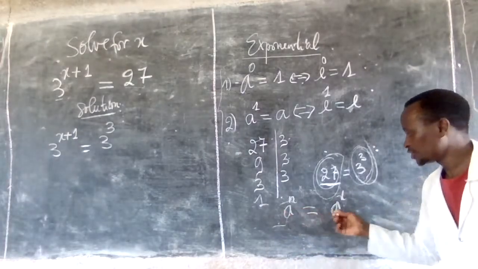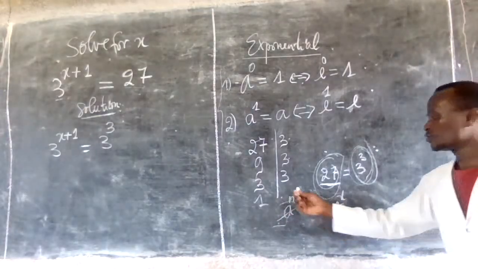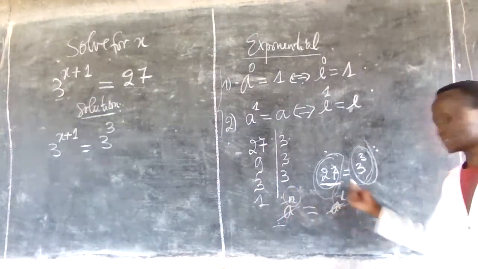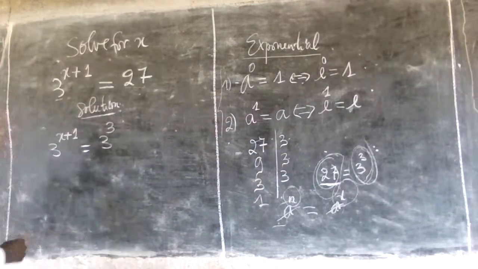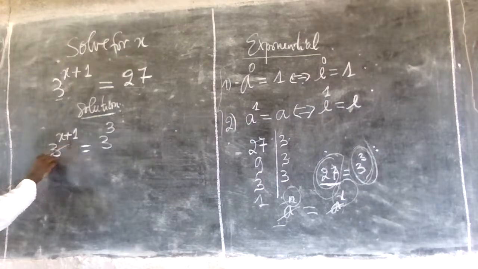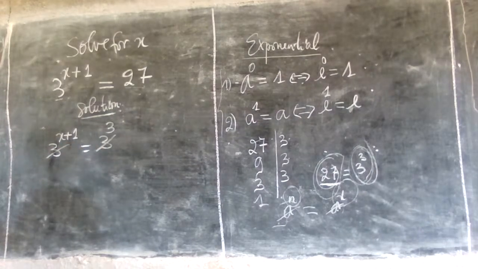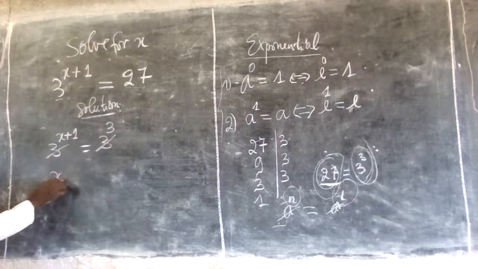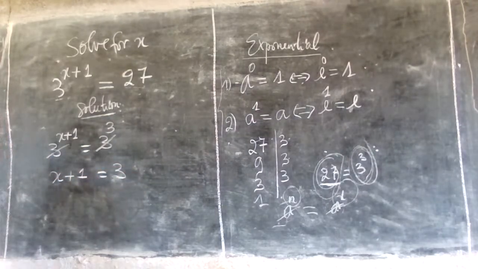These are two similar bases. You have to cancel those two bases and write their powers. So we cancel these two similar bases and we remain with x plus 1 is equal to that number 3.